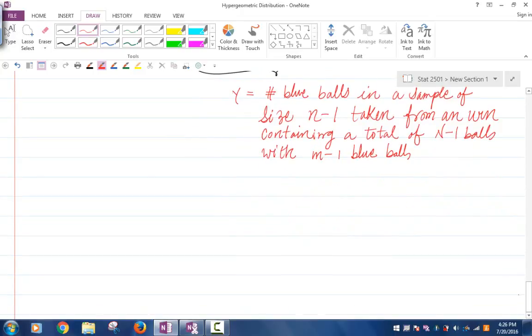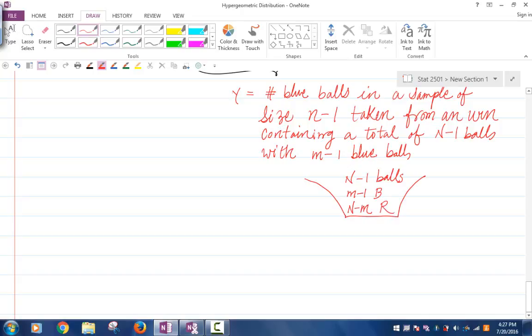So think about having an urn where you have a total of cap N minus 1 balls and m minus 1 of them are blue and cap N minus m of them are red.